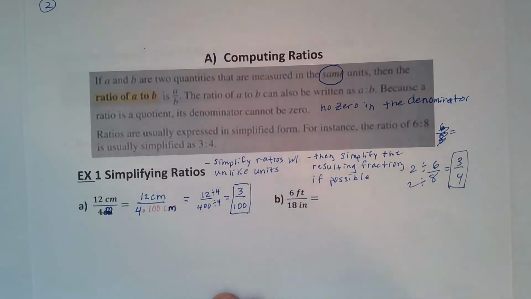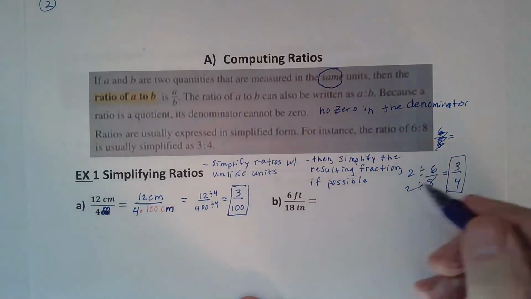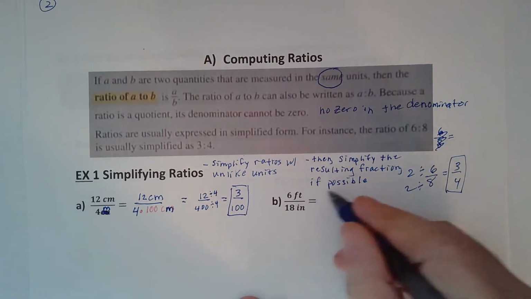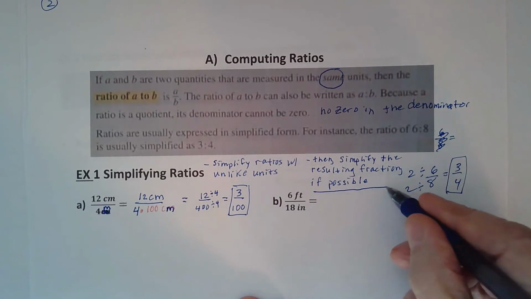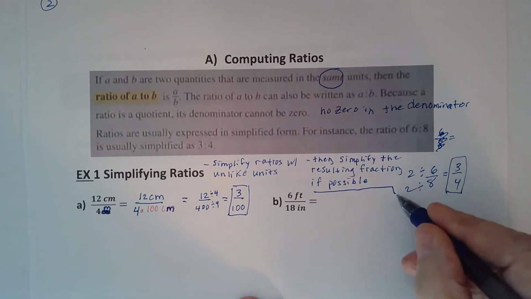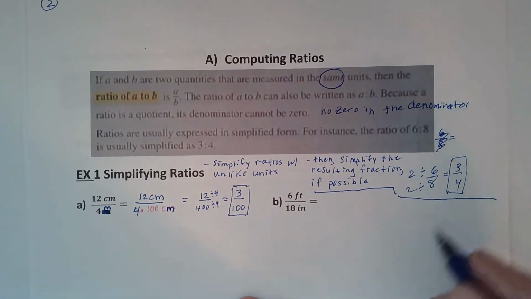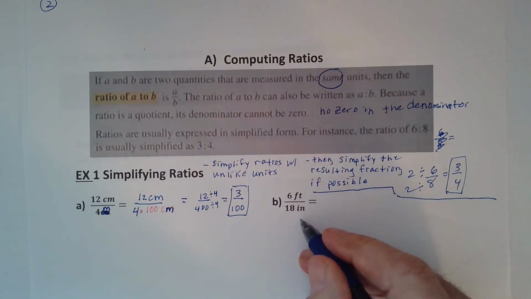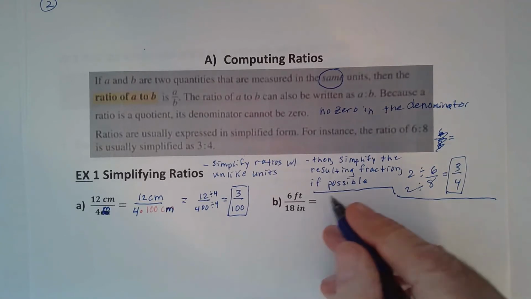Okay? All right. Now we're going to do the same kind of thing over here. I may have to bring this down just a little bit because I took a little bit of its space. So this is 6 feet divided by 18 inches. We want to get the units to be like units.